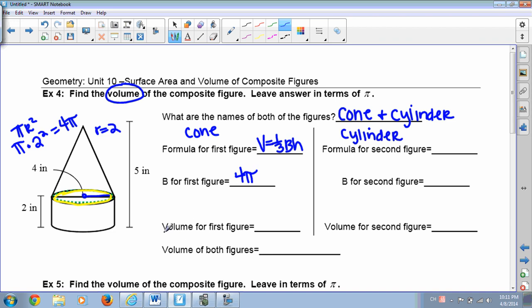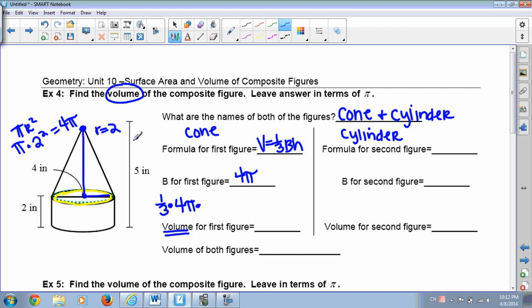Okay, so now we can go ahead and calculate the volume of this figure, which is a cone. So we have 1/3 times, I'm just following my formula, 1/3 times the area of the base, which we just found was 4 pi, times the height of our cone. Well, I don't see anything going from this tip, the point, all the way down to our center.